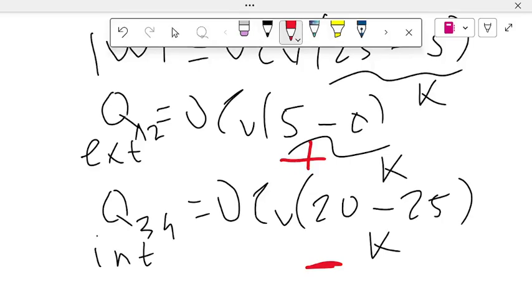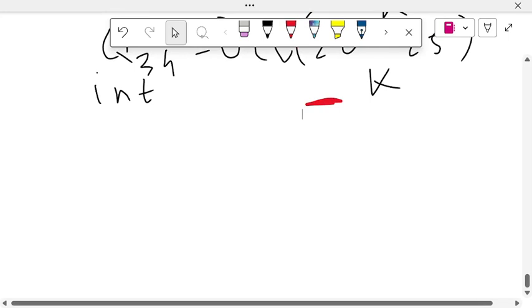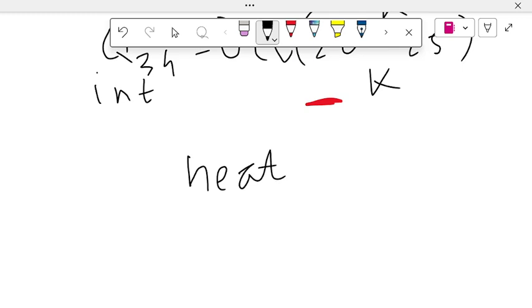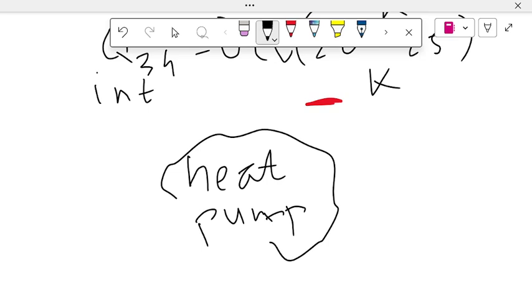That means if I give heat to the system, let's say it's a heat pump, anyway it can have any shape.